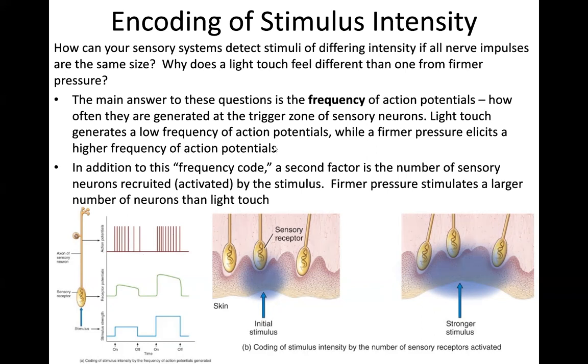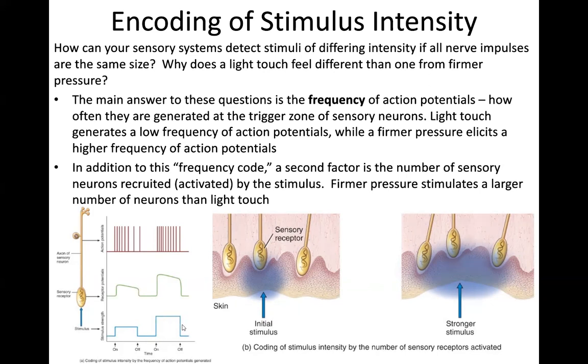Frequency refers to how often they're generated at the trigger zone of the sensory neurons. With a light touch, which results in a lighter stimulus as far as strength goes, that's what we're measuring down here, light versus more pronounced strength stimulus, we create fewer action potentials, and the action potentials are spread farther apart.